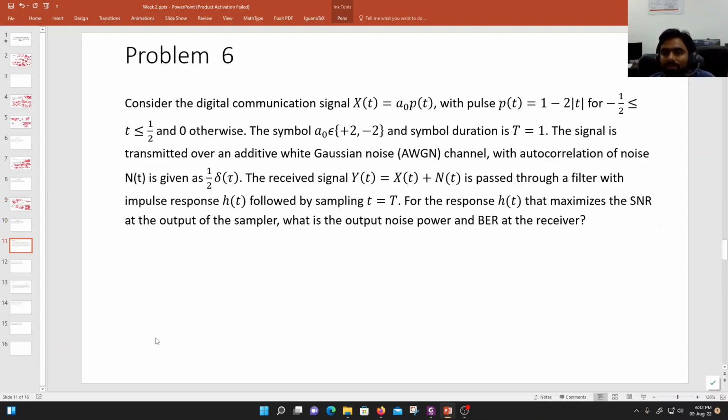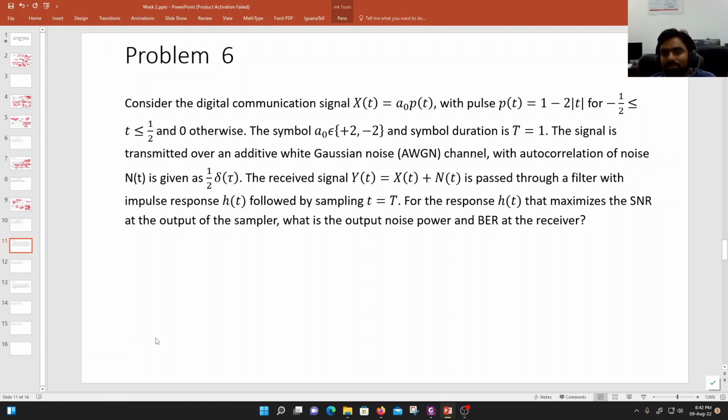Now problem number 6. Consider a digital communication signal x of t such that the pulse p of t is 1 minus 2 mod t for t belonging to minus half to plus half, and 0 otherwise, and the symbol A naught is plus 2 or minus 2, and the symbol duration is 1.